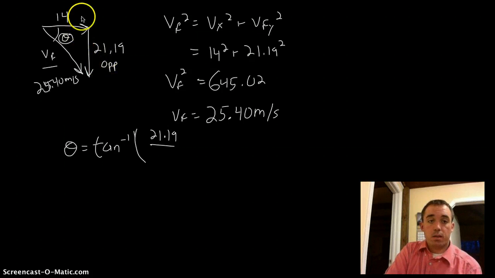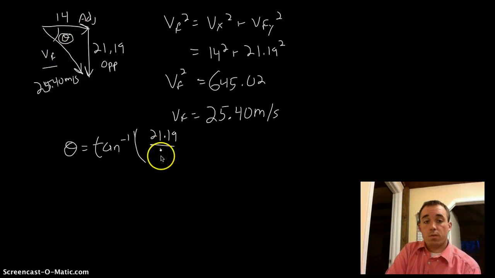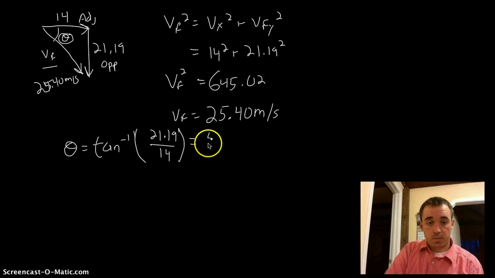This side's the adjacent because it's the side that's touching the angle that is not the hypotenuse. So over 14. When you plug that in, inverse tangent, make sure your calculator's in degree mode, over 14, you get 56.55 degrees.